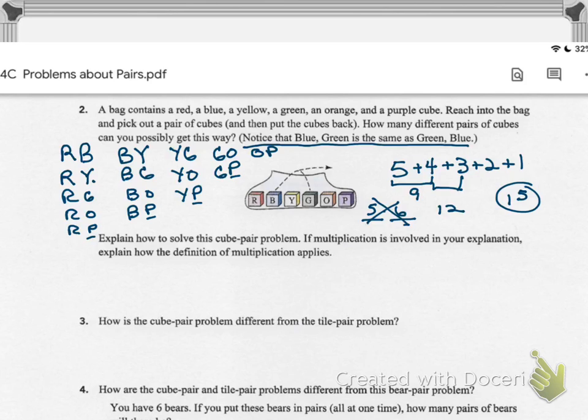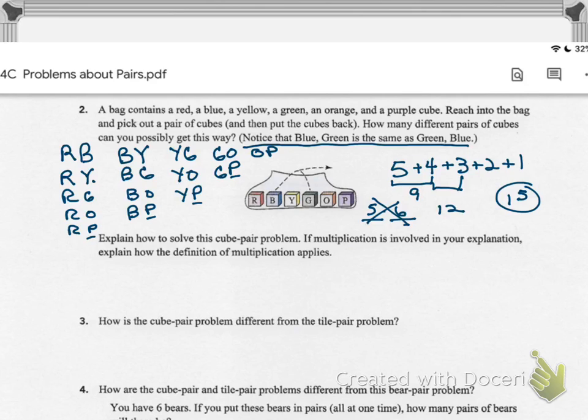Okay? So explain how to solve this cube pair problem. If multiplication is involved in your explanation, explain how the definition of multiplication applies. I would say addition is more involved this time because my columns are not the same. And in order to multiply, you'd have to have the same number of elements in each column.